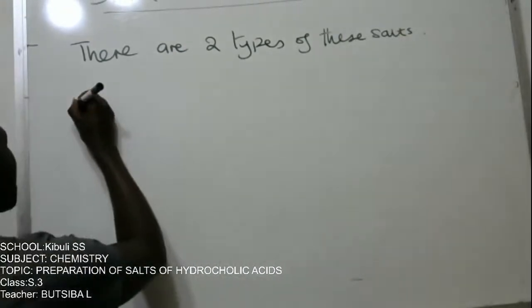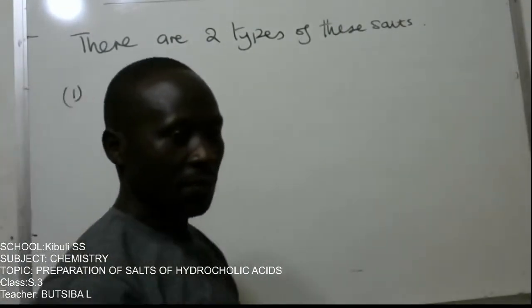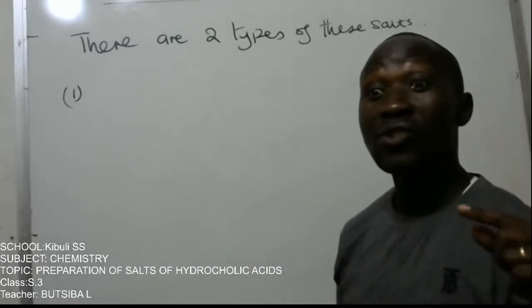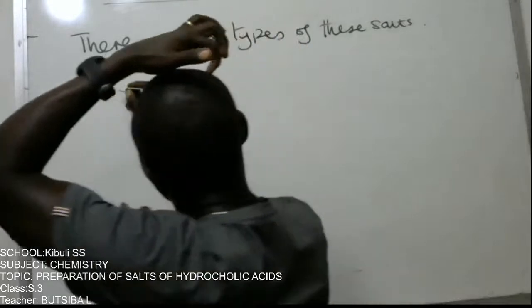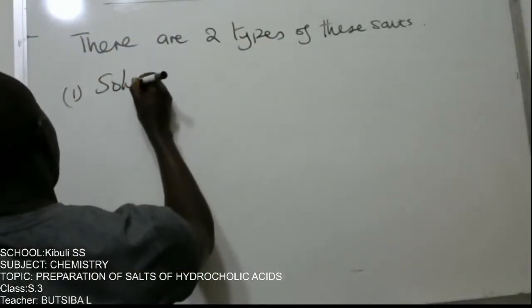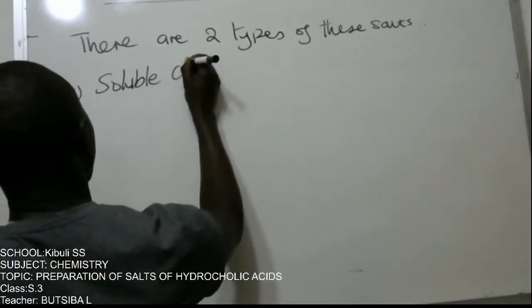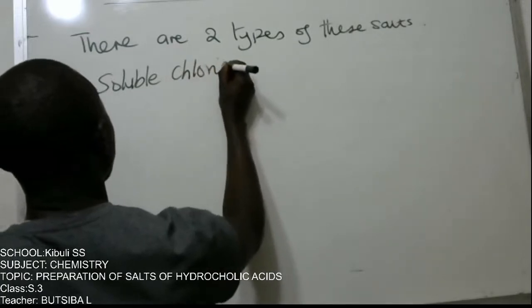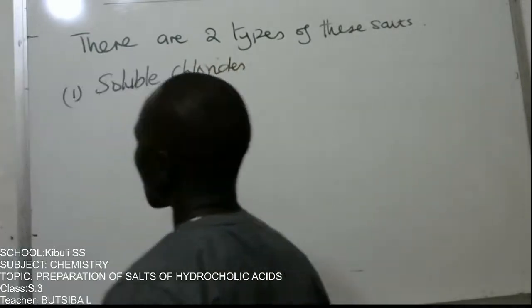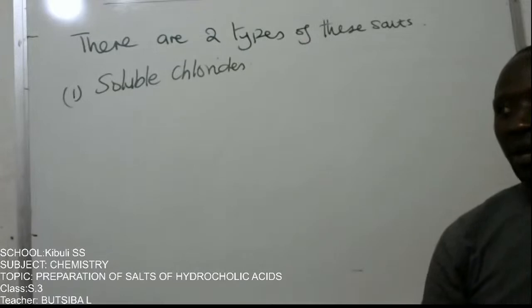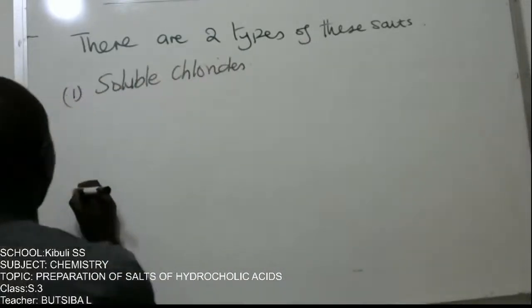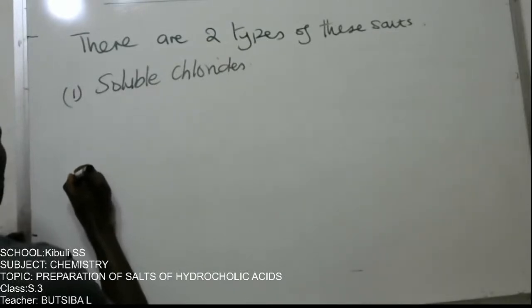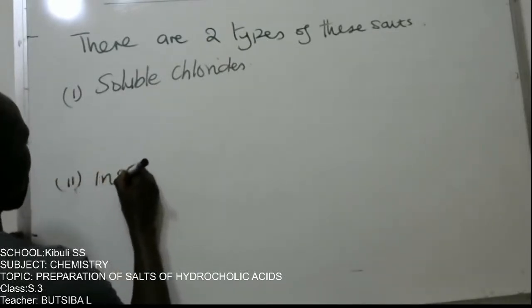The first category of these salts are the soluble salts, which means I look at the soluble chlorides. And after soluble chlorides, what follows next? Insoluble chlorides.